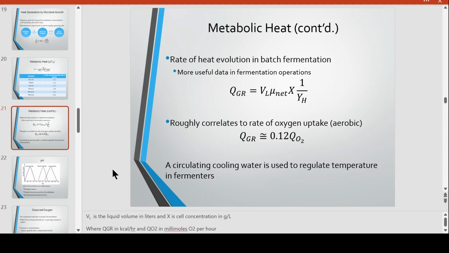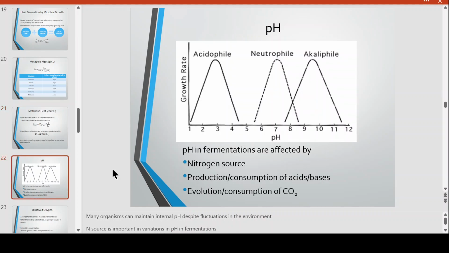Especially for aerobic organisms thriving on glucose, where you have a high metabolic heat, there is a necessity for cooling water to regulate temperature in your fermenters.